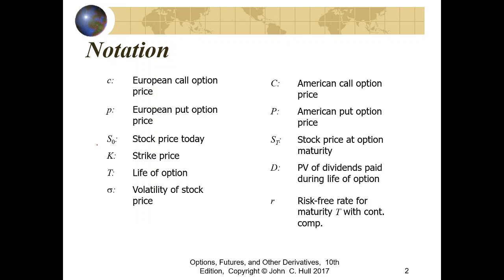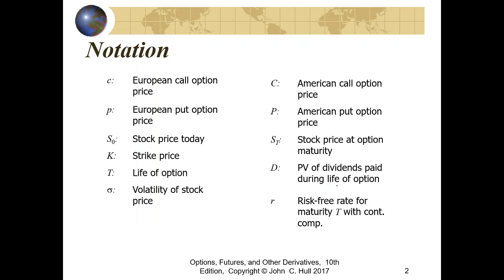The stock price is referred to by S, and if it's today, it will be S0. If it's at the time to maturity, then it will be ST. K is the strike price or the exercise price. T is the life of the option, or the time until the option expires. D is the present value of dividends paid during the life of the option.